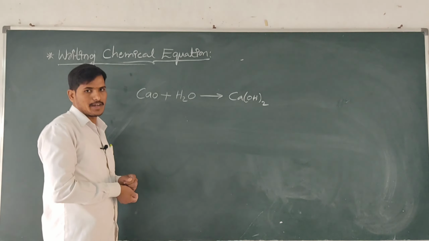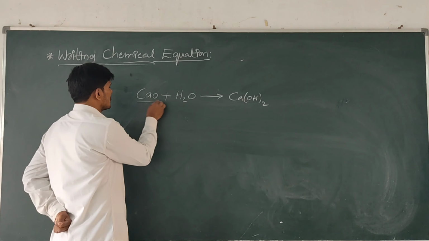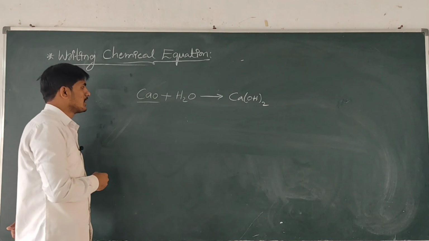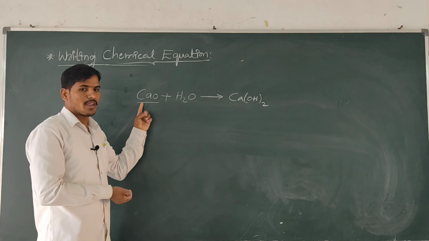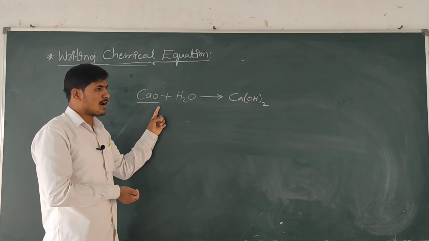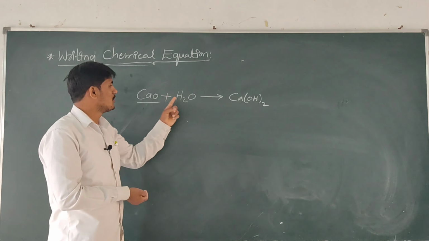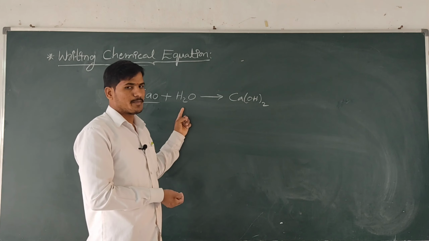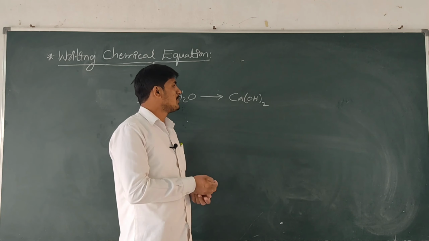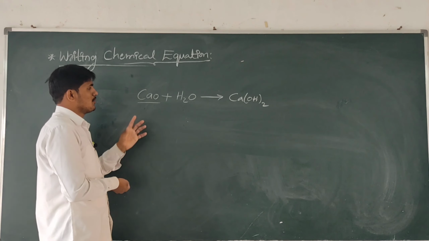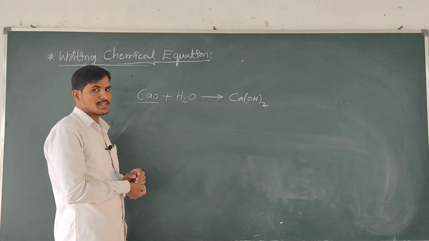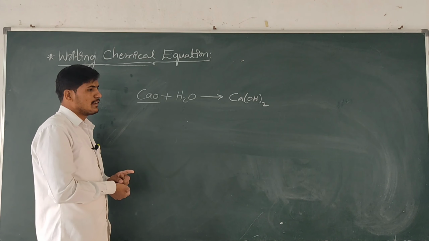In calcium oxide, only one formula unit of calcium and only one formula unit of oxygen is present, and one water molecule is present, and it forms calcium hydroxide. When there is no subscript value, it means only one is present.